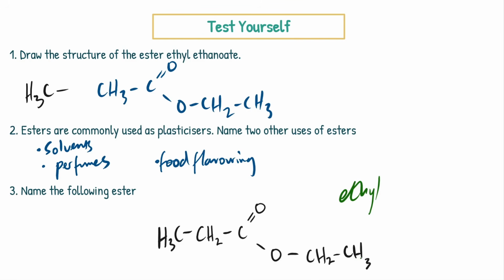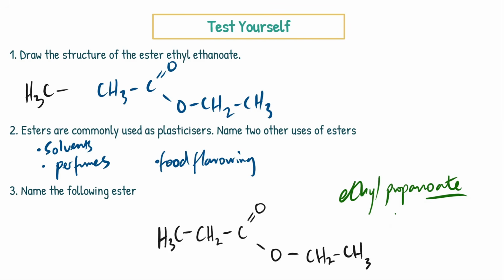Okay, real simple one. Again, I just used 2 carbons as an example. Left-hand side, prop. Okay, 3 carbons here. Ethyl propanoate. Just remember that oate is always the ending for an ester. Okay, propanoate, ethyl propanoate, not too bad, right? Hopefully you guys are okay with this.